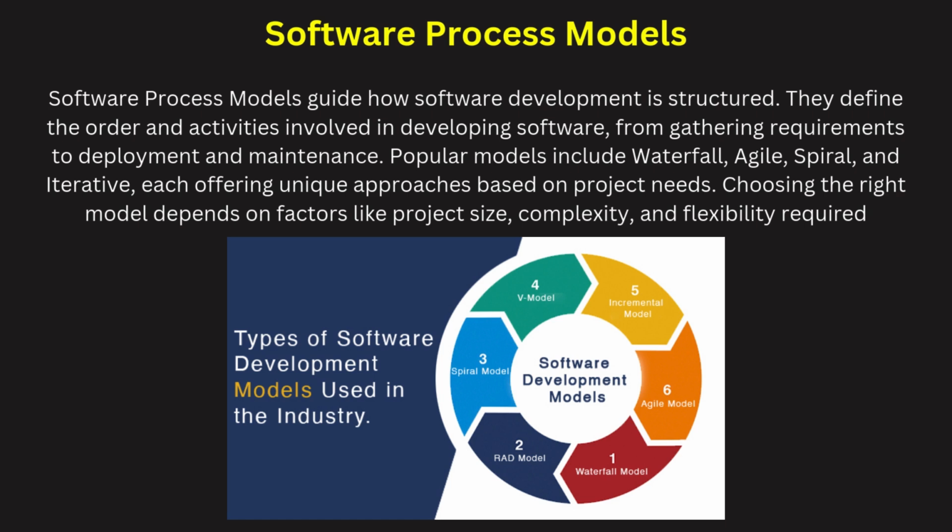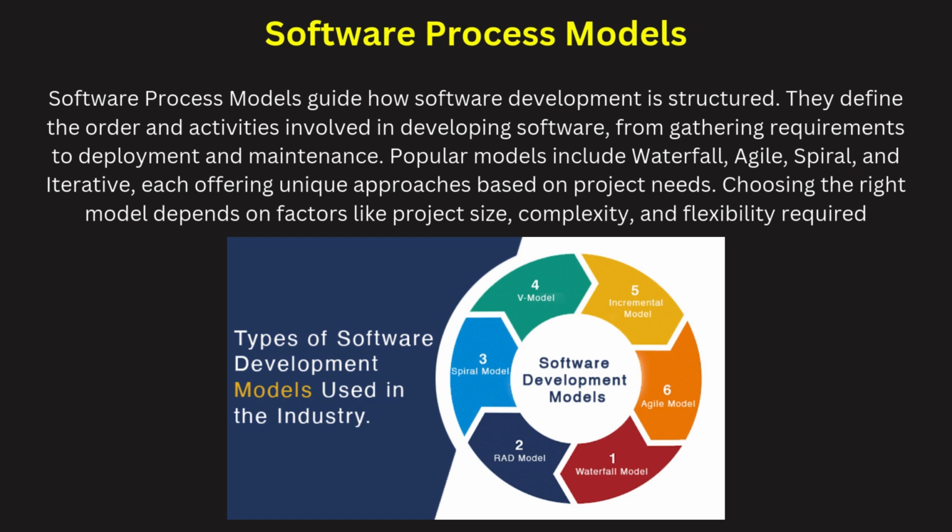Software process models are like blueprints for organizing how software is developed. Different projects require different approaches depending on the size, the complexity and the goals. Some of the common models include the waterfall model, the agile model, and the waterfall and agile combined model.